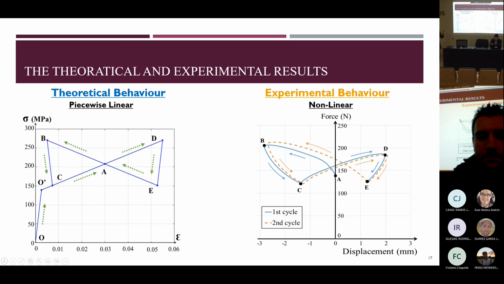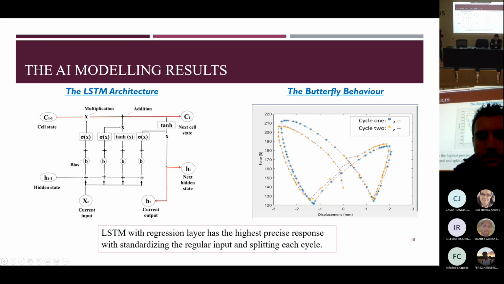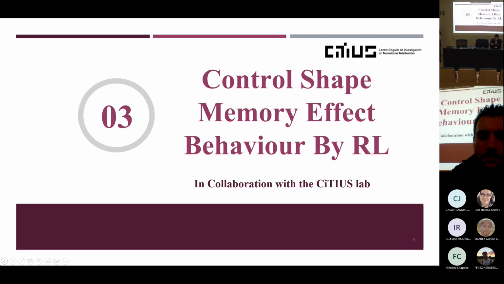And here the AI potential proved itself, using a neural network to give a nonlinear result for this butterfly behavior. The neural network here is the long short-term memory neural network with a regression layer. So we succeeded in having this nonlinear result using a neural network.